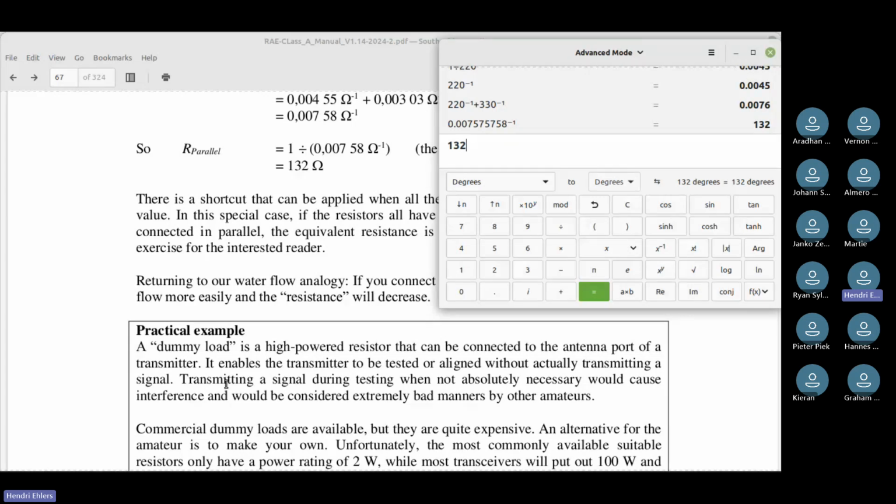Now, in most cases, the average guy will not go and fiddle in his radio. But if you've been a ham for about 50 years, you probably will. Transmitting a signal during testing, when not absolutely necessary, would cause interference and would be considered extremely bad manners by other amateurs.